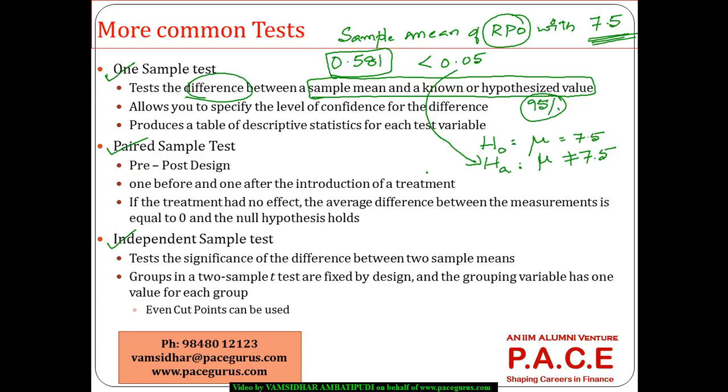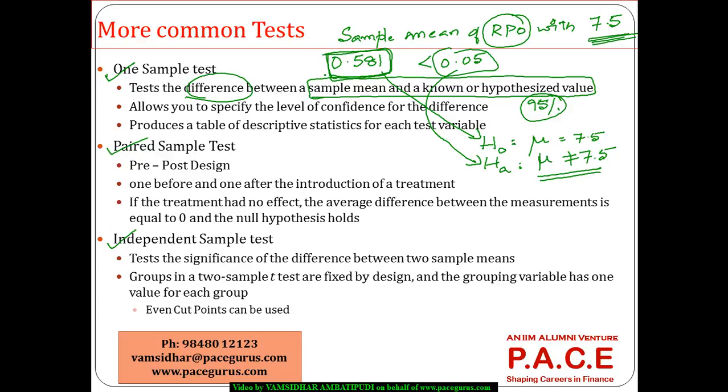We say we are rejecting the null hypothesis. So I will say that I'm 95% confident that the mean is not equal to 7.5. But if the significance value is greater than 0.05, I don't have sufficient evidence to reject this null hypothesis.